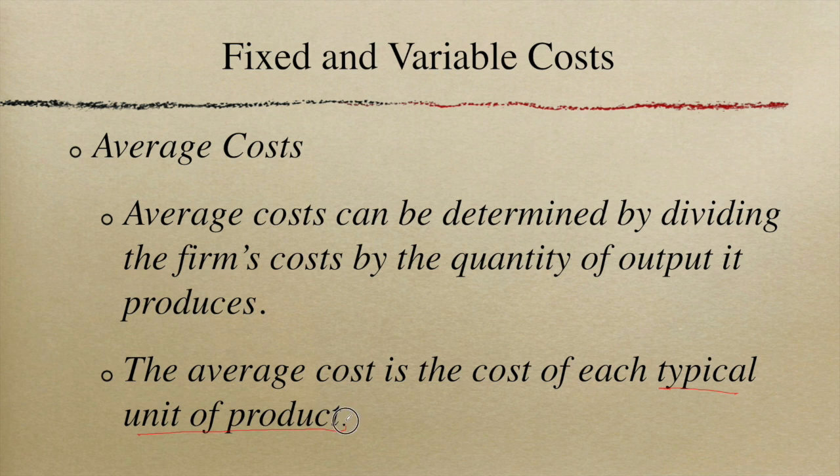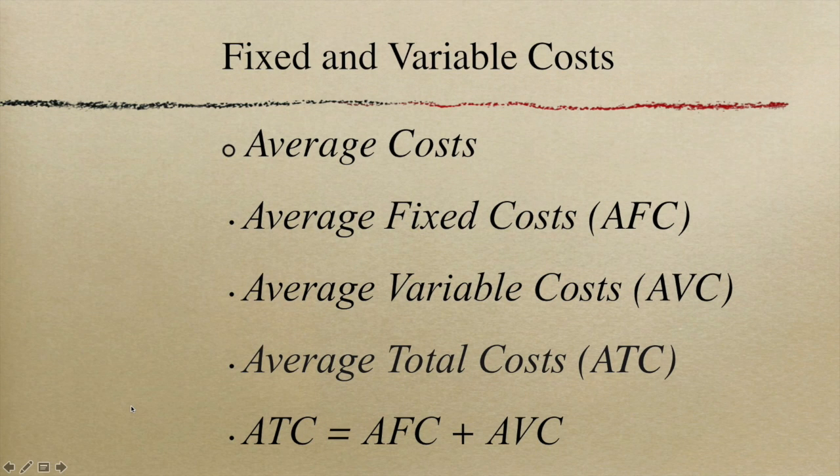There are three different average costs you're going to know: average fixed, average variable, and average total. To find average fixed, you take fixed cost divided by quantity. Average variable is variable divided by quantity. Average total is total divided by quantity.